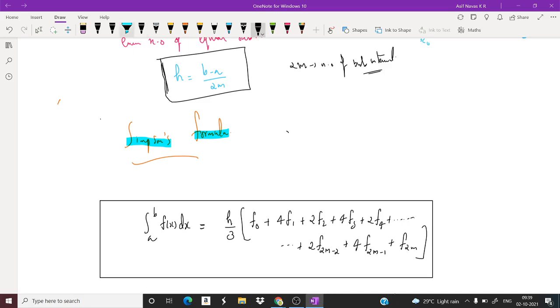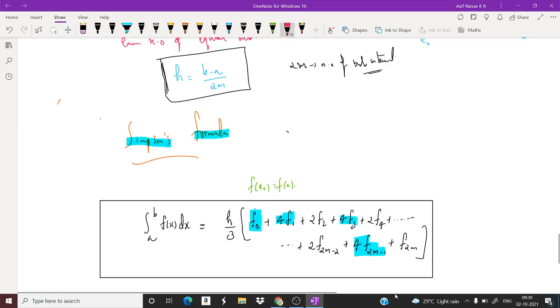So in this formula, the first term f naught is actually f of x naught or f of a. For odd terms, that means f1, f3, up to f2m minus 1, the coefficient is 4.